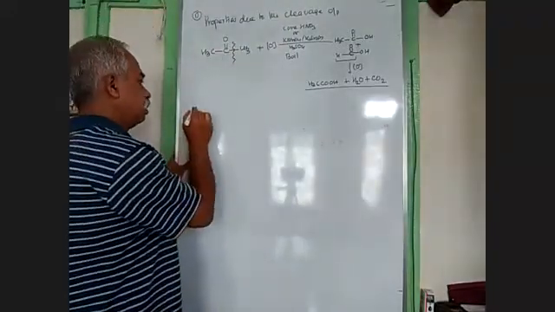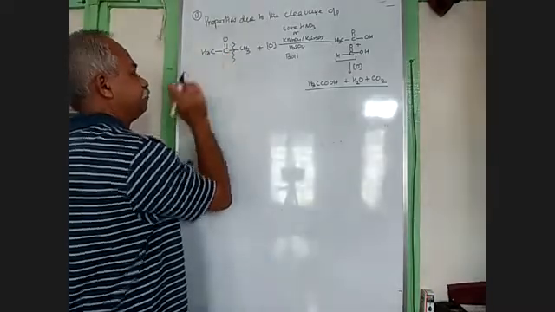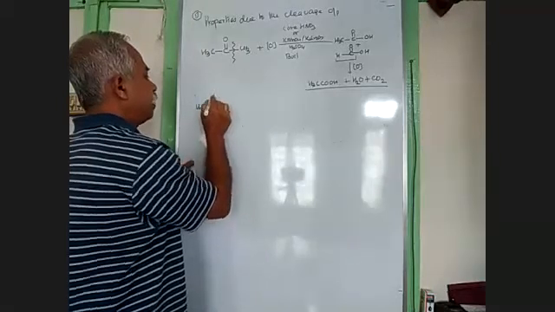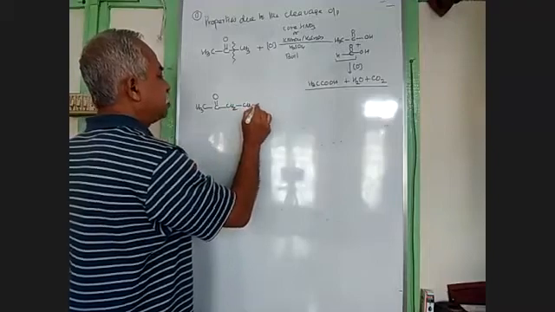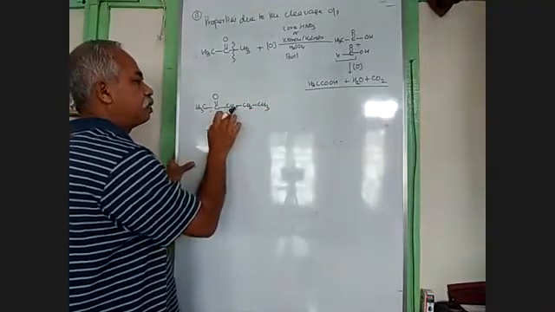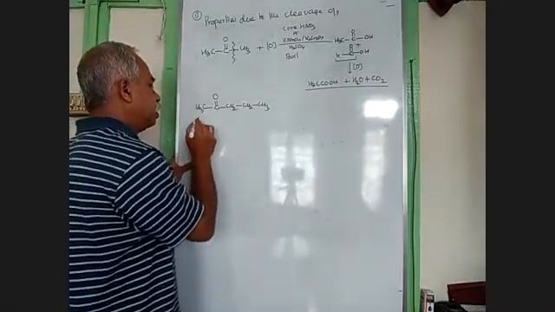Now, this is a symmetrical ketone. Both sides are the same. But suppose I have taken an unsymmetrical ketone. What is the name of this one? 1, 2, 3, 4, 5. Pentane. Second carbon, you have carbonyl group.